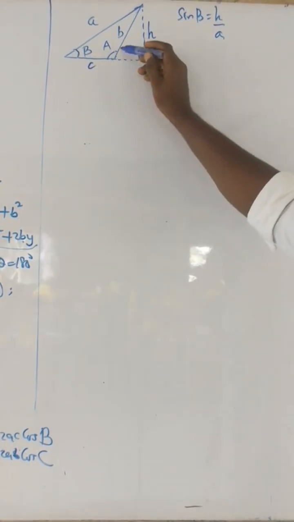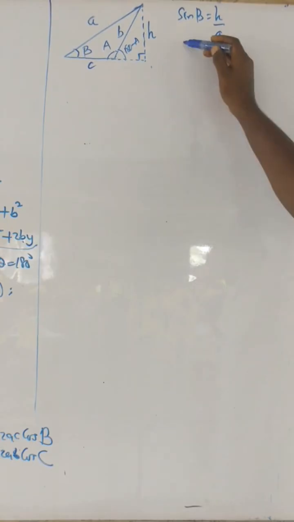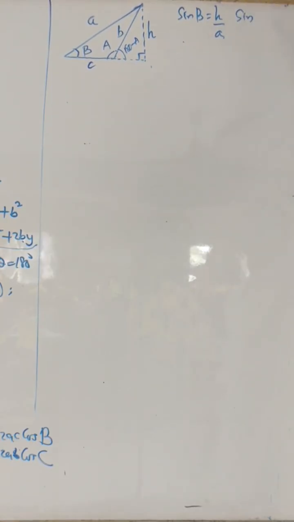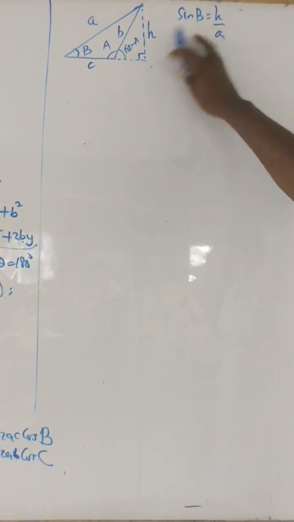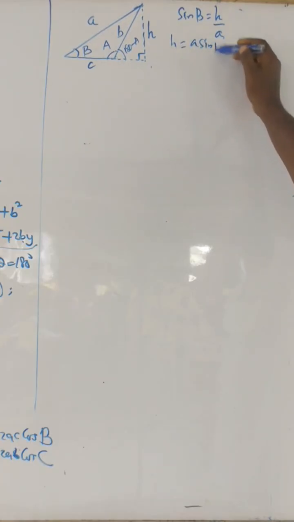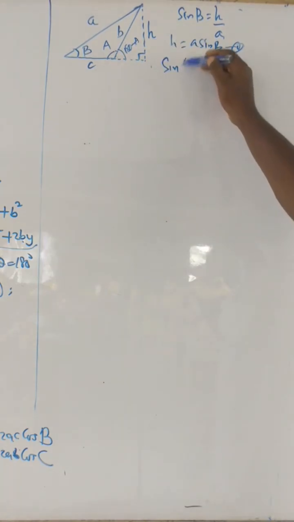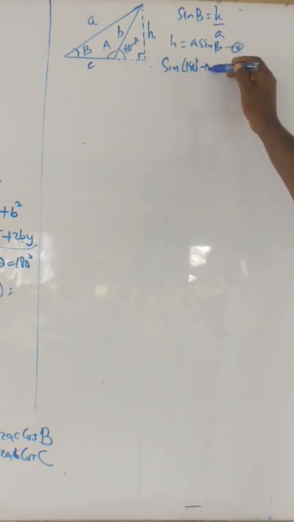If the angle here is A, the remaining one is what? 180 minus A. So if I do sine, from here we can multiply and say our H equals A sine B. Let's call it equation 1.